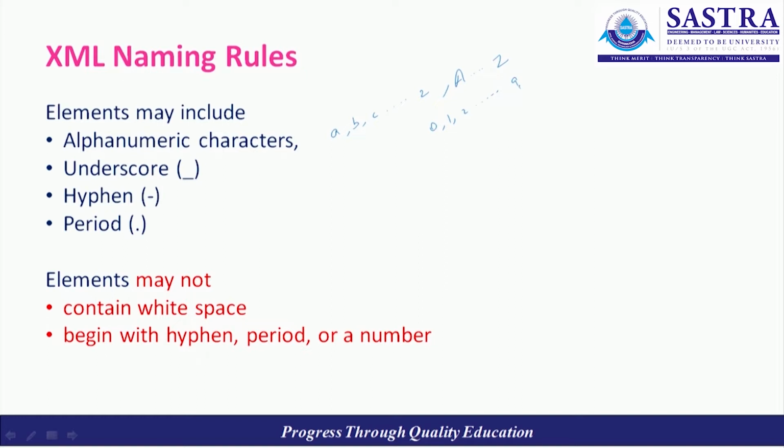This is the way the elements can be created, and at the same time we can follow the same naming rules for making an attribute for an element.